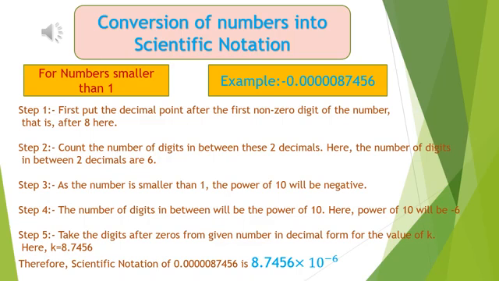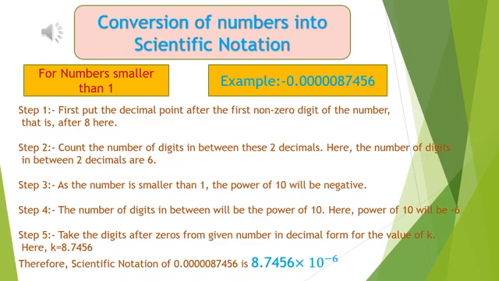So for another decimal, what will you do according to step number 1? First put the decimal point after the first non-zero digit of the number. Non-zero digits are 8, 7, 4, 5, 6. The first non-zero digit is 8, so you will put the decimal after 8.